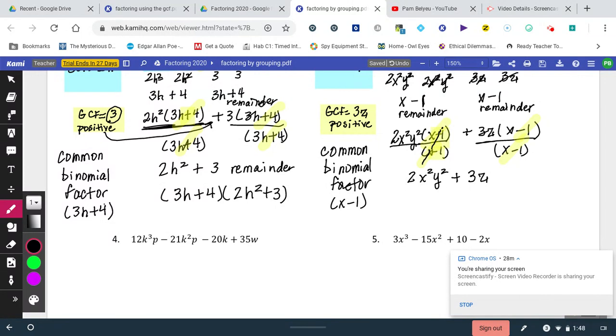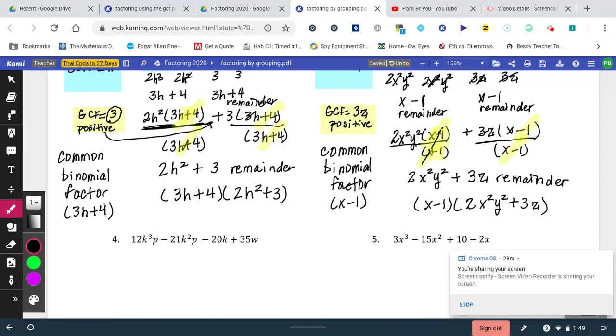All right, so there's my remainder. Okay, I'm trying to write a little slower. Hopefully it'll do what I need it to. All right, x minus 1 is your common binomial factor. And then your remainder is 2x squared y squared plus 3z.